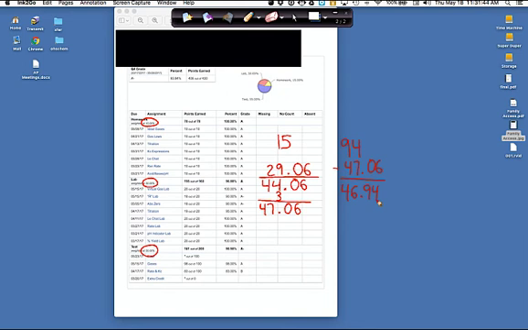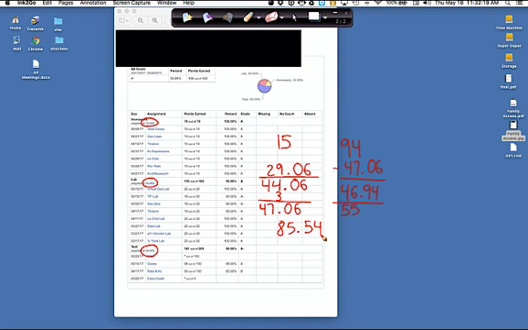Tests. But how many points are up for grabs in tests? 55. So she needs 46.94 points, and there are 55 points possible. So we take 46.94, divide that by 55, and that tells us that she needs 85.54% of the points that are up for grabs in tests.